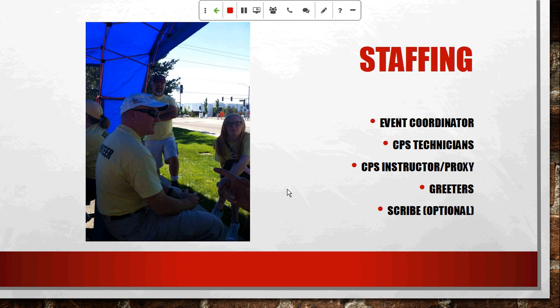So before, the event coordinator is responsible for securing the location, date, time, conducting a location site visit, also recruiting staff, ordering supplies and educational materials, getting all of the materials that you're going to need for distribution, and this includes car seats if you will be distributing car seats at your checkpoint, promoting the event, and providing a briefing to your staff. Now with the briefing to your staff, you want to have 2 at least.